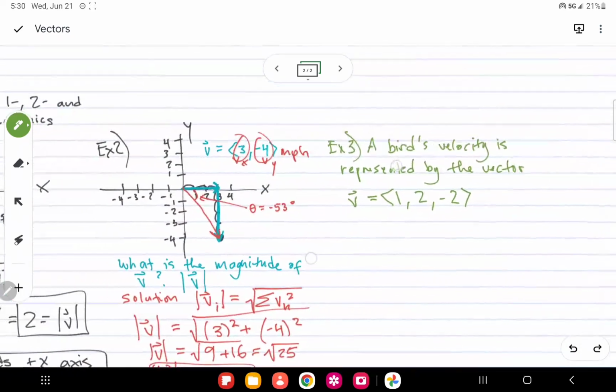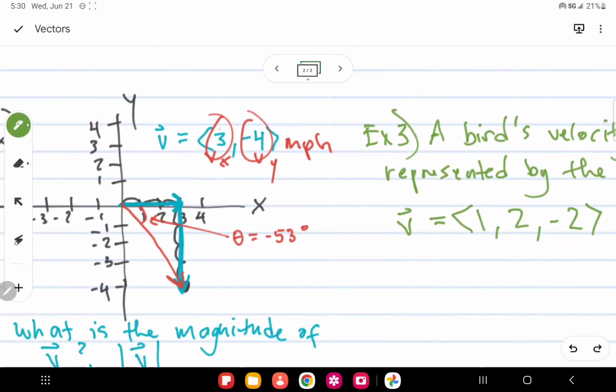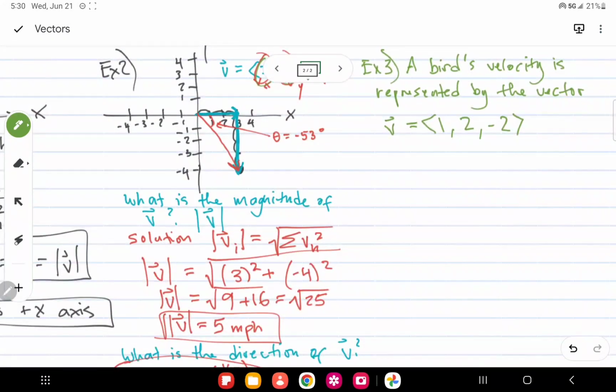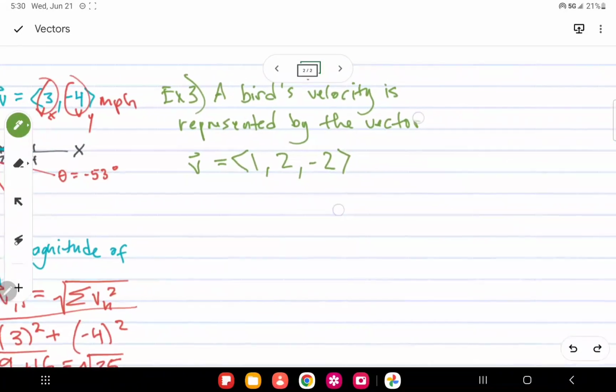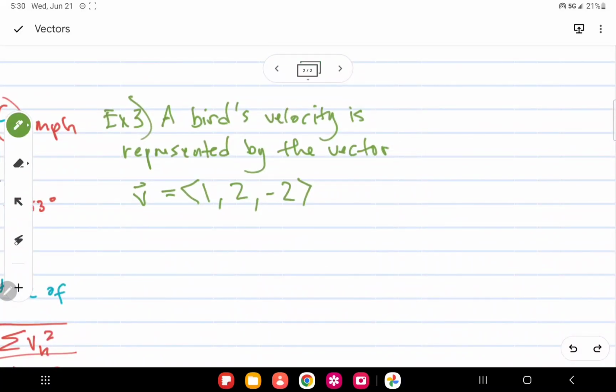Now, as you may recall, example 2 had 2 components, therefore it was in 2 dimensions. And example 1 has only 1 component, so it's in 1 dimension. So now we're in 3 dimensions. Okay?